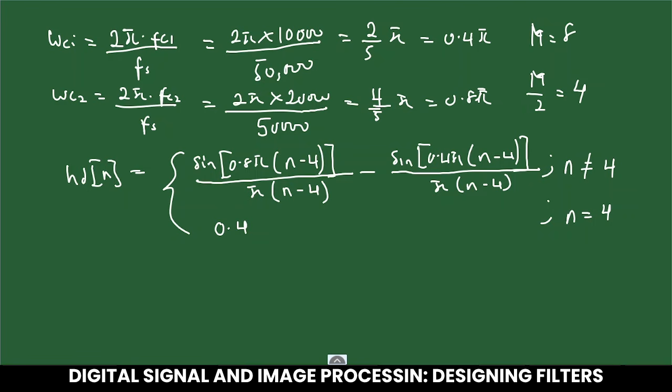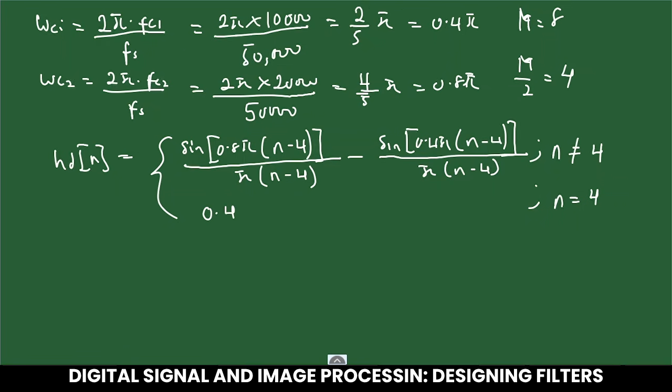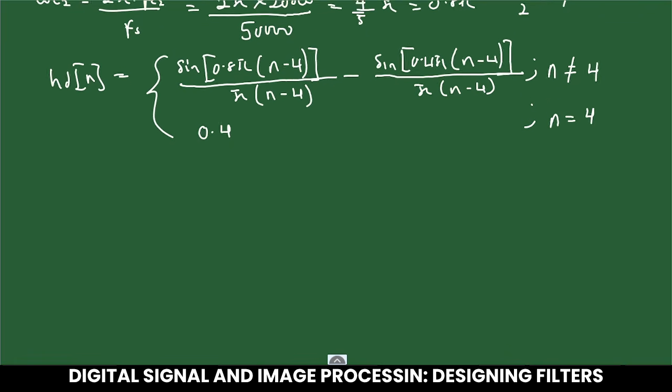So we can now begin to calculate the values for n equals 0 and the other n values.